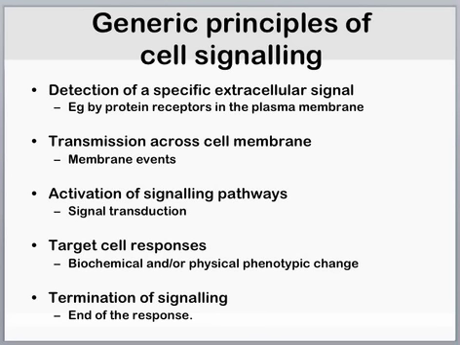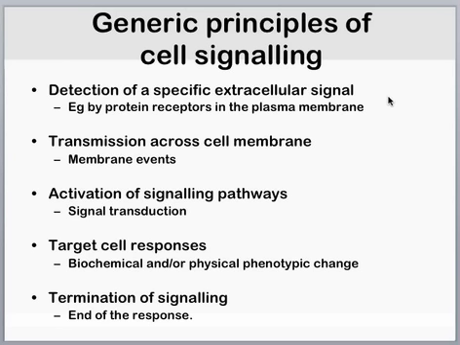So effectively then, let me just describe to you some of the generic principles of cell signaling. What we mean is that if we consider a cell, the signal is typically outside of the cell and comes to the cell. So the cell has to detect the external cell signal.